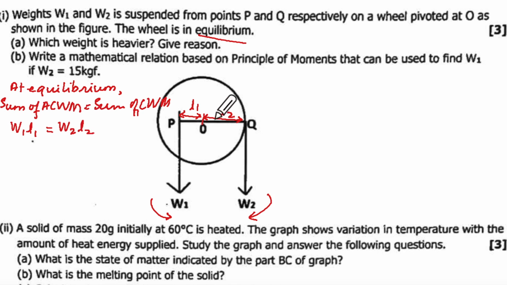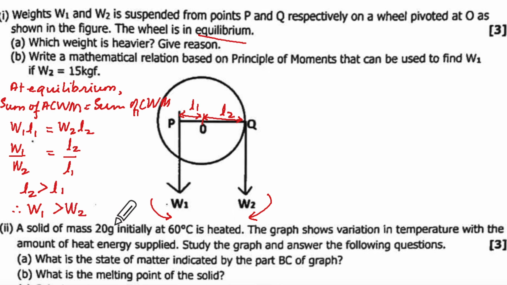Now they have not given any measures, so if they ask you which one is heavier, then we'll write W1 upon W2. W2 has gone this side, so on the right L2 is remaining, L2 upon L1, and L1 will come this side. Now L2 and L1, can you see L2 is greater than L1? That means numerator is bigger, therefore W1 is greater than W2.